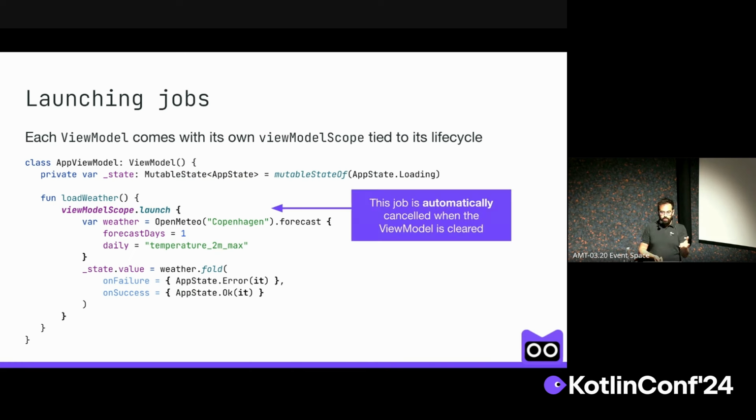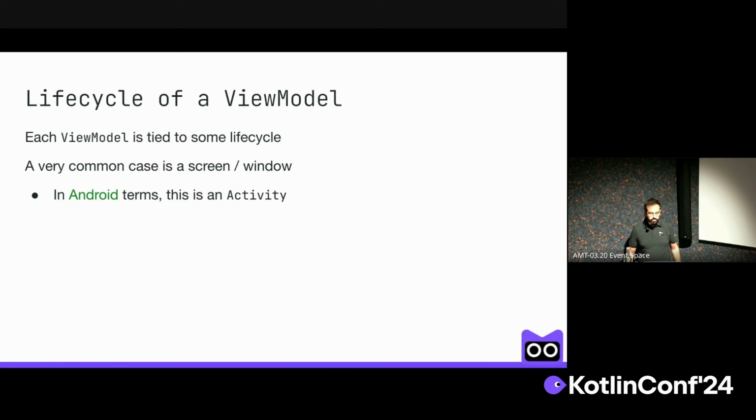And remember, this already means that if the view model is cleared, which may happen, for example, if we completely exit the Android application, this task is going to be automatically canceled, because when the view model is destroyed, all this scope is completely canceled.